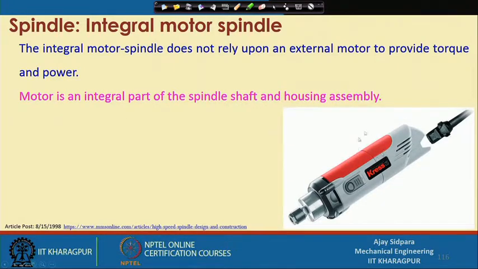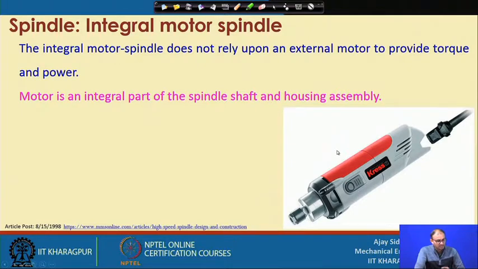So, what is the problem here? You have to prepare a housing for this particular motor spindle, because in the belt drive spindle the motor was located at a different location, so your housing was not connected with the motor. But when you are using an integral motor spindle, you have to also think that you do not have any provision to change the motor or anything.